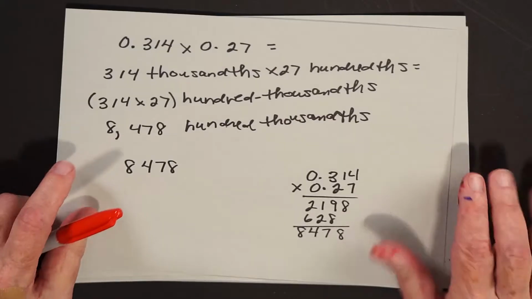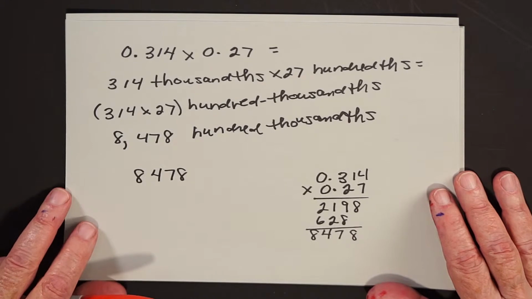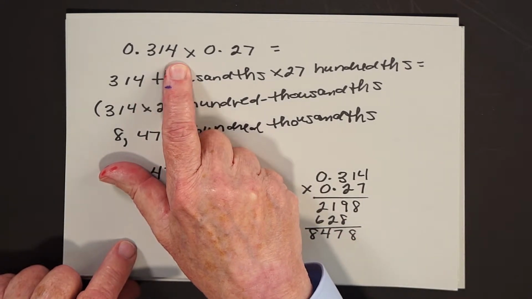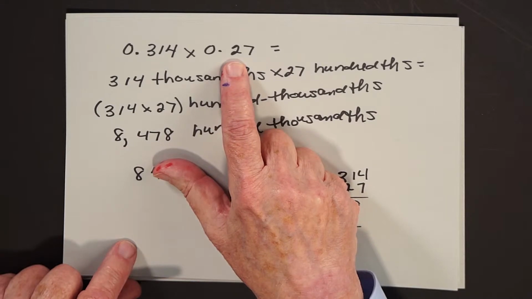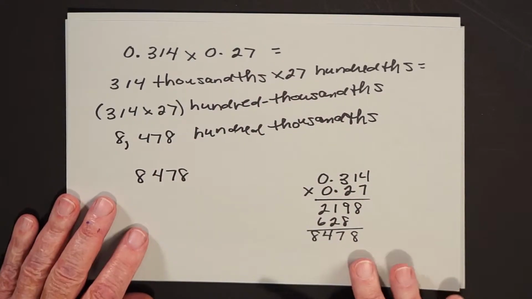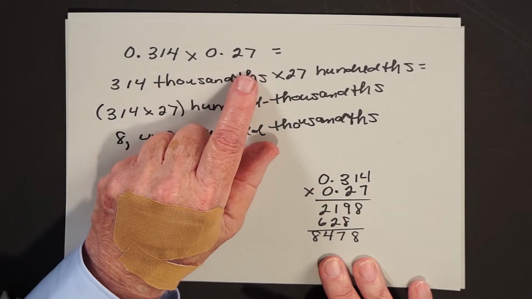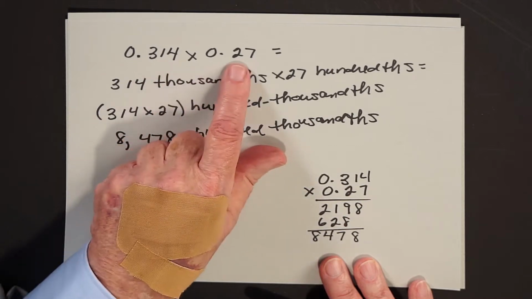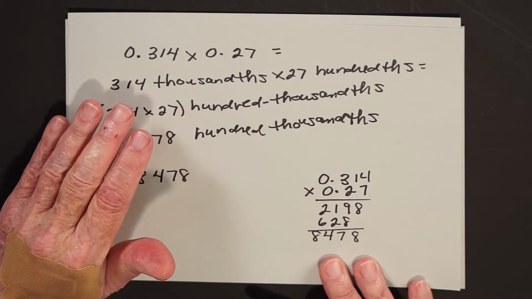Let's do the same thing, only this time it's going to be 0.314, and instead of 2.7, it's going to be 0.27. And what I want to illustrate is that when we use the adjective-noun theme, we're still going to multiply the 314 times the 27 the same as we did before.